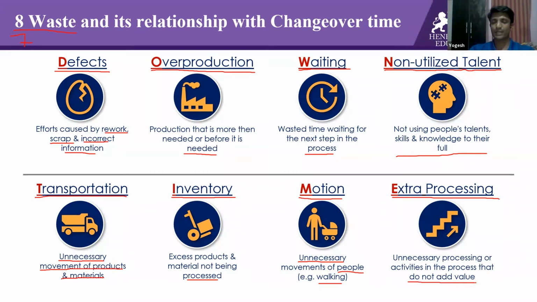If the customer is paying you x amount for y product, and you are making a product that is y plus 1 or y plus 2, then that additional 2 is your loss, because the customer is not willing to pay, and he is not even paying you for that extra processing, and still you are doing it by utilizing your resources, your time, money, people, and all those resources, right? And that is why extra processing is considered a waste under lean principles.